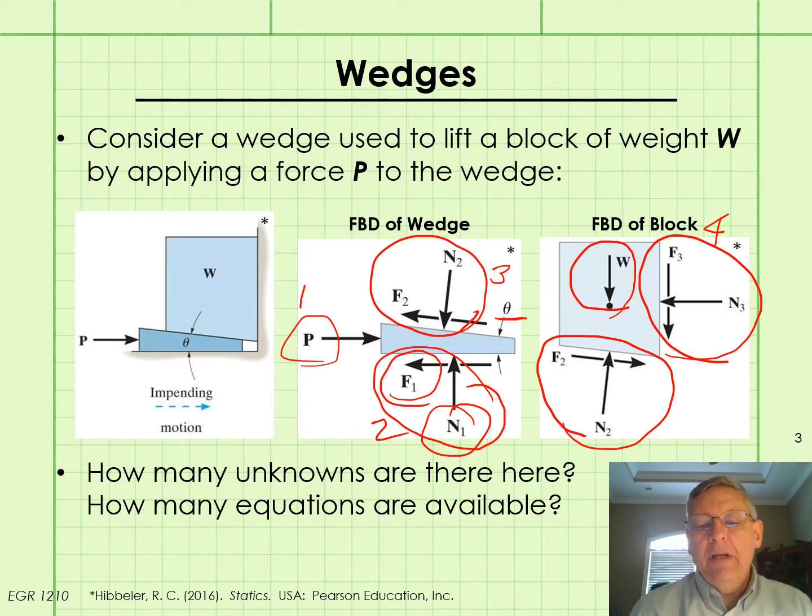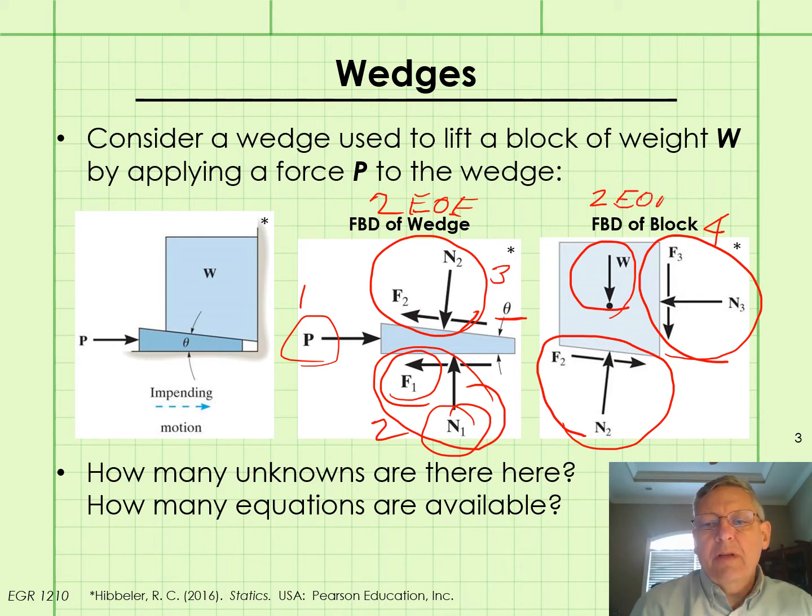We would have 3 equations available for each free body diagram, but we already said we have eliminated the use of our moment equations based on our assumptions. So we have 2 equations of equilibrium for this free body diagram and 2 more for this free body diagram.